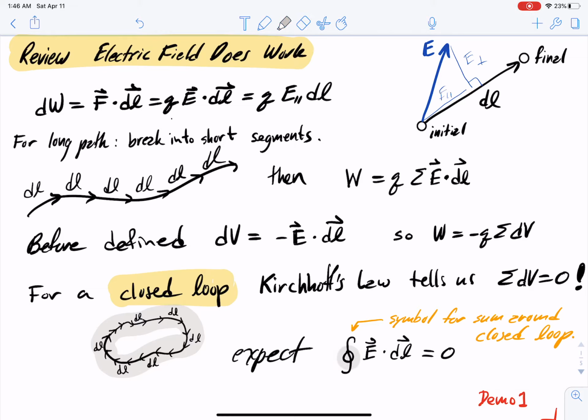It reminds us closed loop. So it's just the sum, big S, with a circle on it. Okay, so what we expect is that if we close the loop, then the net work should always be 0. This sum should always be 0.